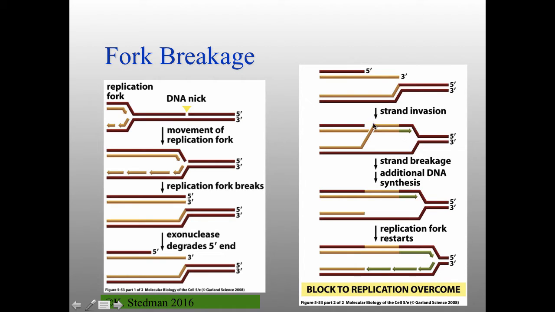Will the replication fork that you see on the right continue on and just catch up later, or does it stop while it's trying to repair through the Holliday junction? Oh, so basically this piece right here, what happens to that? Does the replication fork continue, basically, while this is happening?